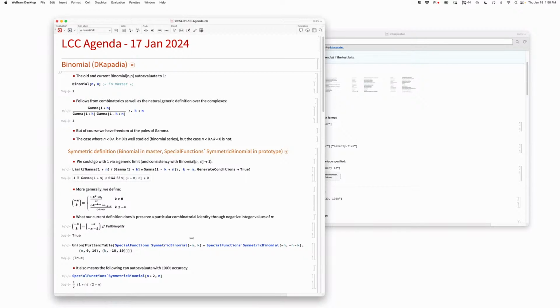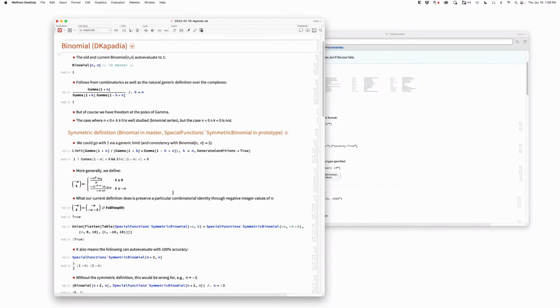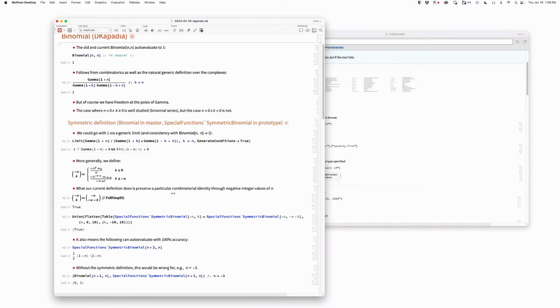Sasha did try this, and it broke all sorts of things. So Sasha came up with this symmetric definition, which preserves that identity there in the middle of the screen. Which identity? This one here? No, if you scroll down to the full simplify, that identity is preserved everywhere in the complex plane.